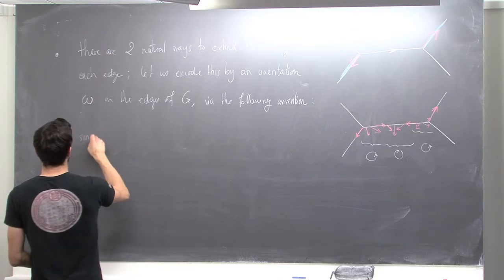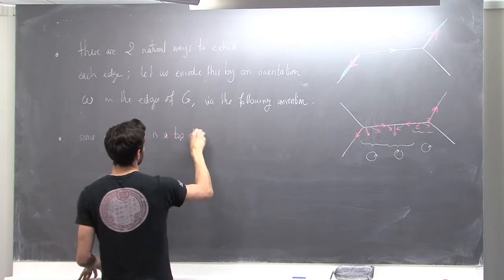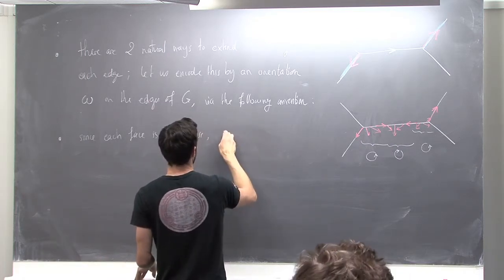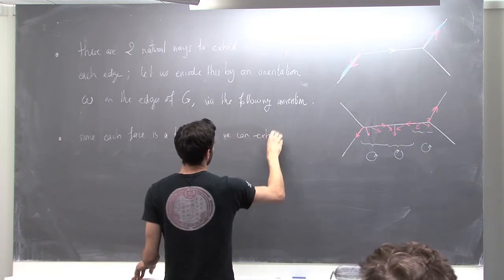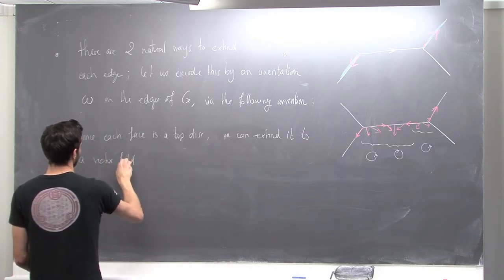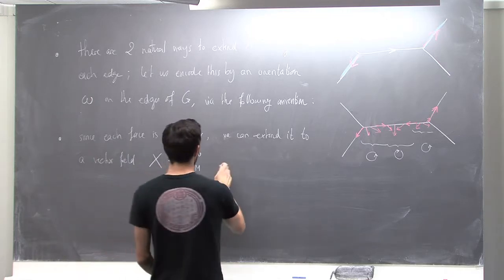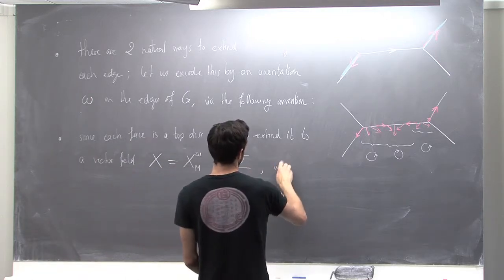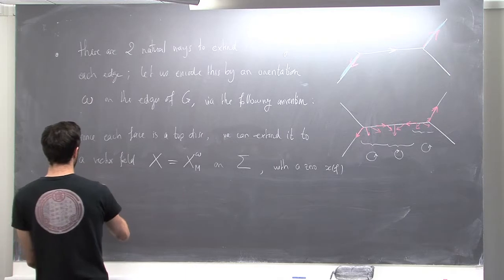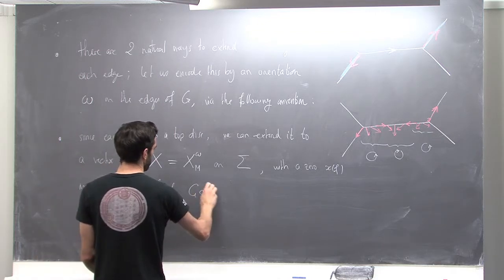So since each face is a topological disk, one can extend it to a vector field x, which will really depend on omega and on m, on the whole surface with a zero that I will call x of f in the middle, inside each face f of G in sigma.